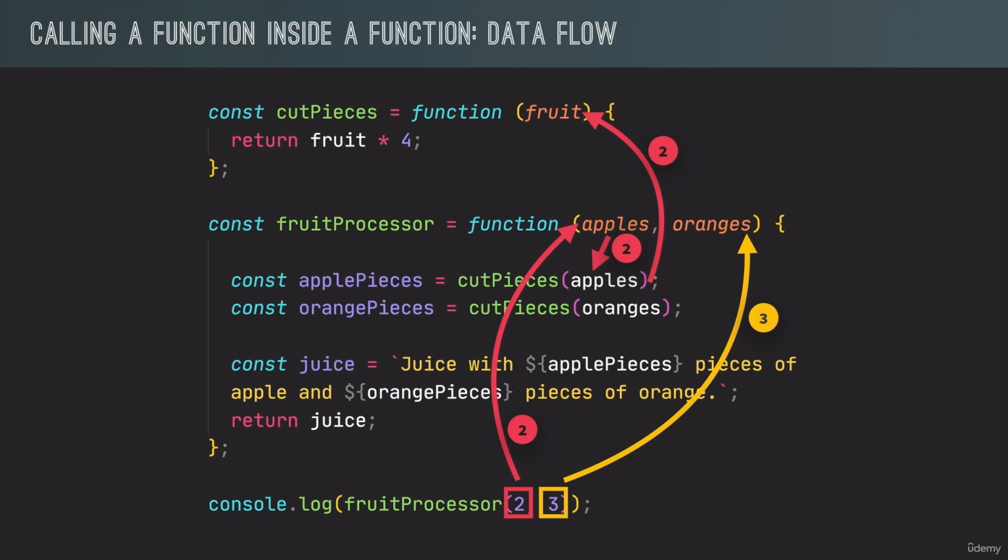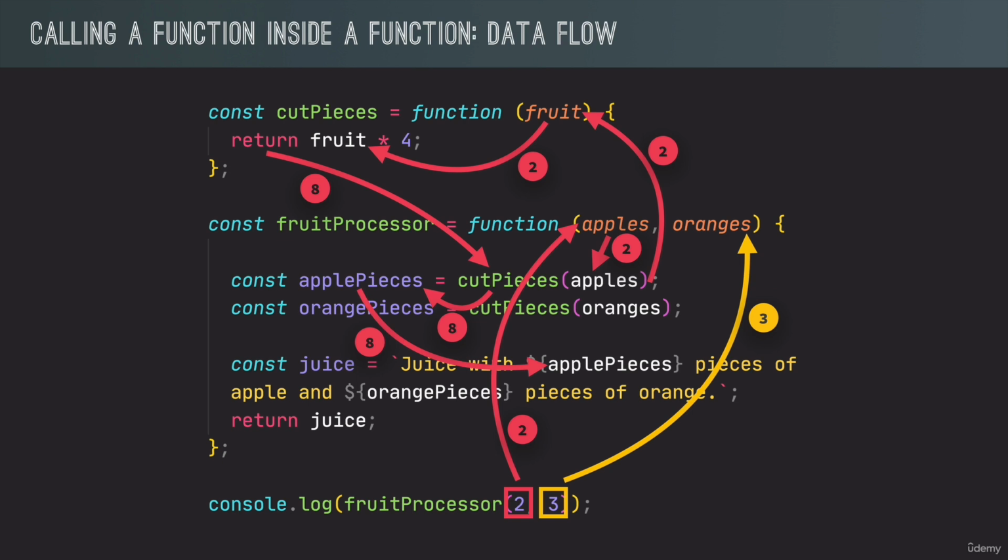And I hope that these arrows here make the data flow quite obvious. Then inside this function, of course, the fruit is then also 2, which will get multiplied by 4. And so the result here is going to be 8. And so the result of calling this cutFruitPieces function with apples will be 8. And so that's the value that we then store into the applePieces variable. And from there, we will then build this juice string that we have down here.